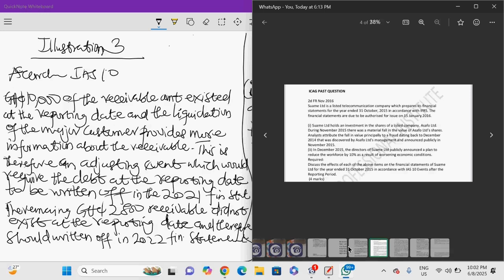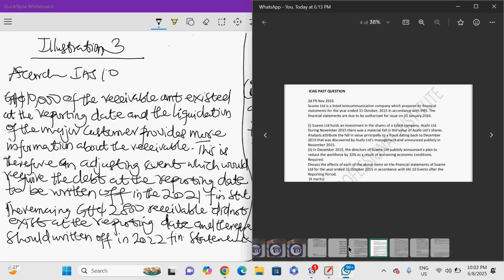Announcing means you have to make provisions, so it will affect provisions. As at December 2015, it has a constructive obligation. That is IAS 37.